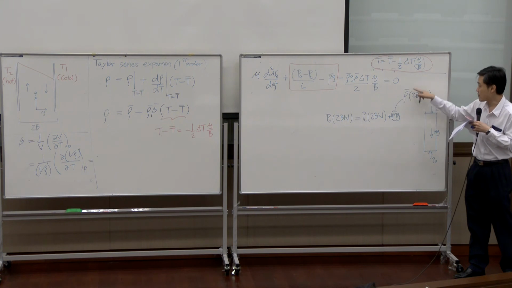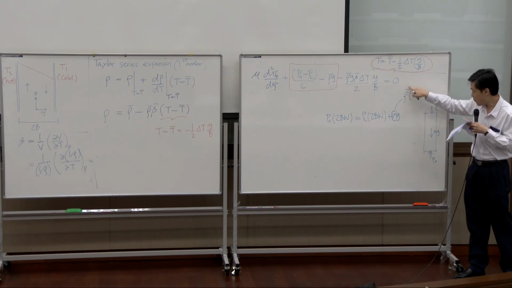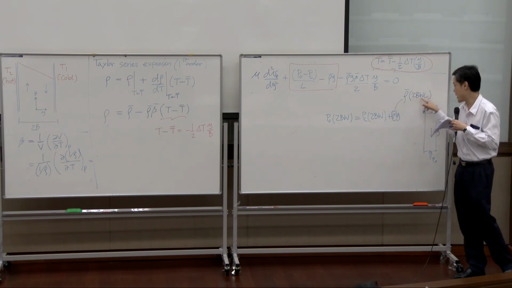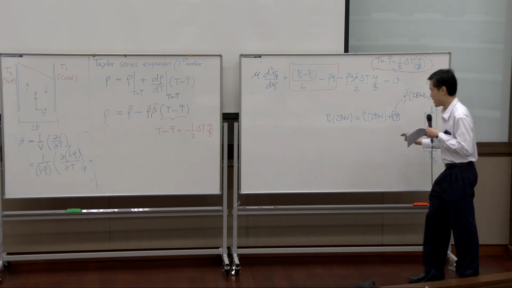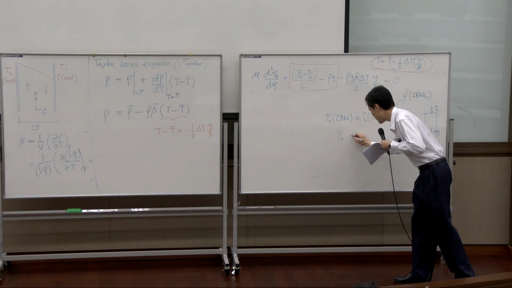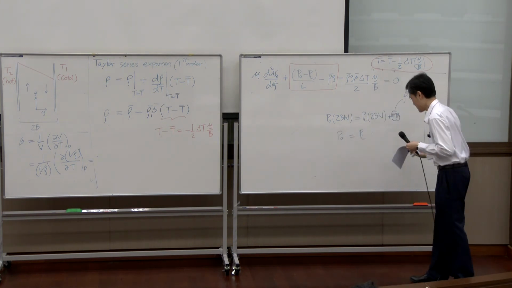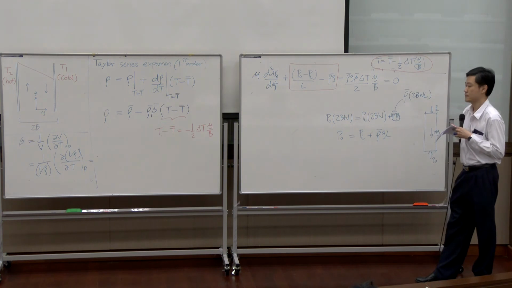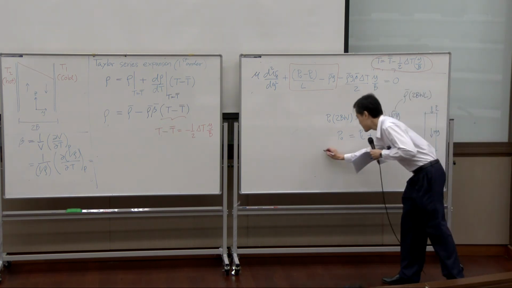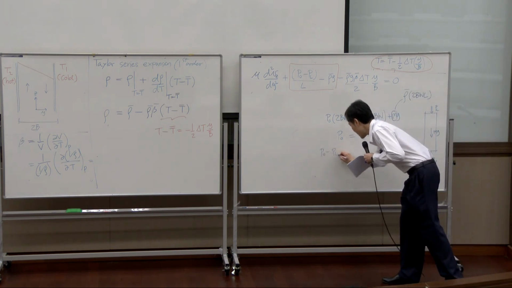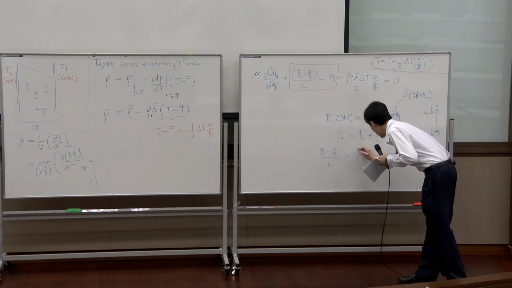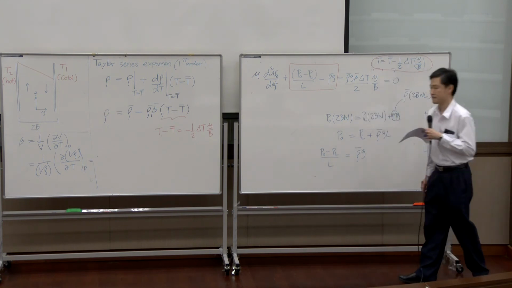If you make the approximation to be rho bar at this point, you see that 2BW cancel each other, and you will have P0 equal to PL plus rho bar GL. In other words, P0 minus PL over L should equal rho bar G.